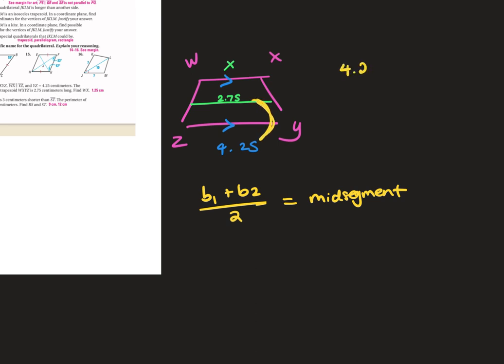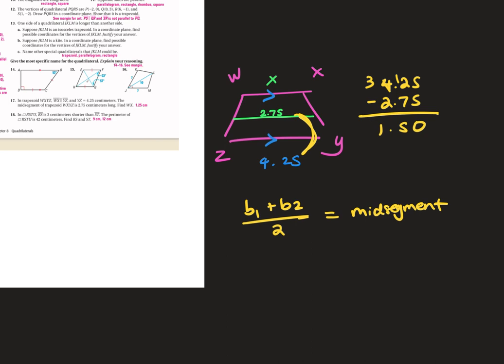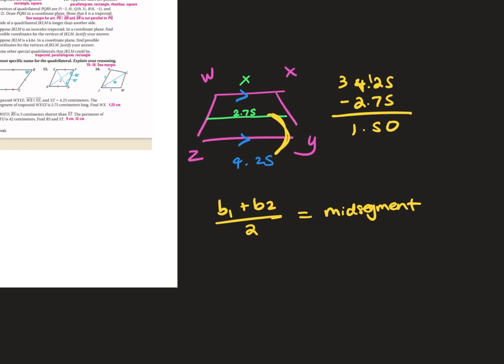So 4.25 minus 2.75, which is 1.5. And then because I'm missing the smaller side, I would subtract it from the 2.75. And that's where you get the third side. So if it was the bigger side I was missing, I would add to it. If it's the mid segment you're missing, you're going to add them and divide by 2.